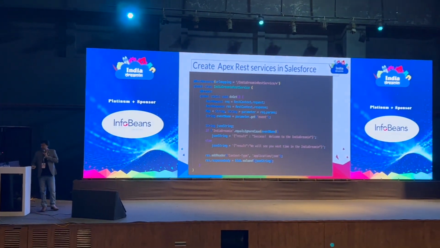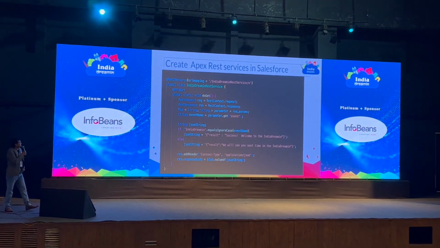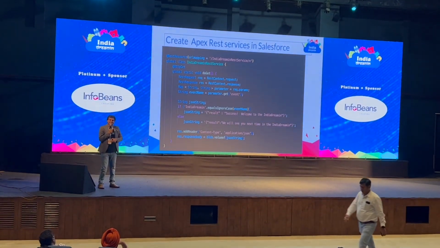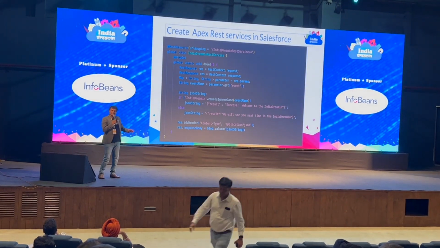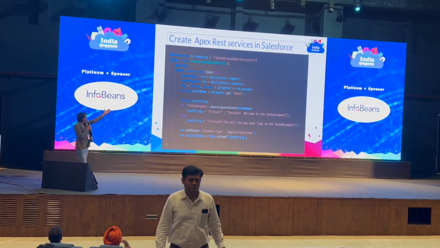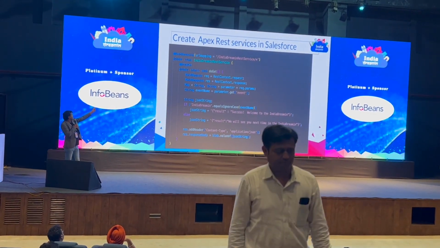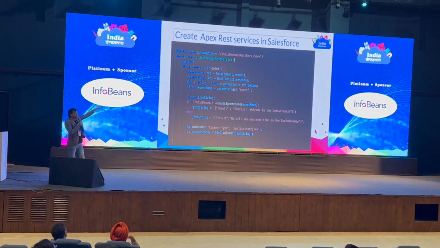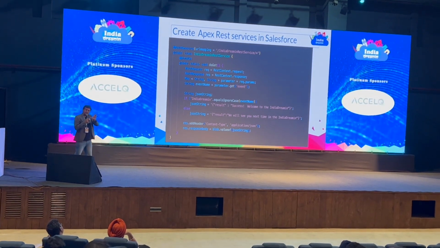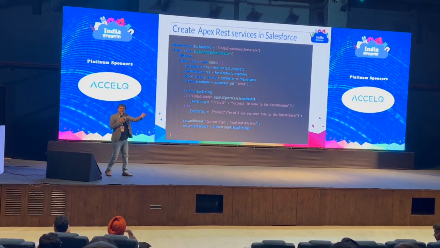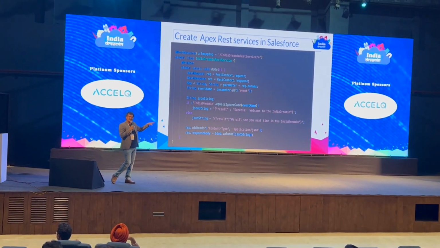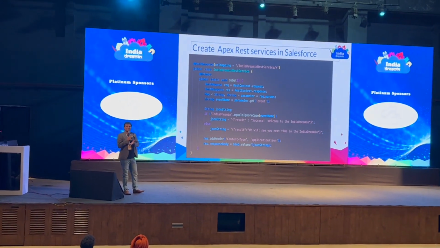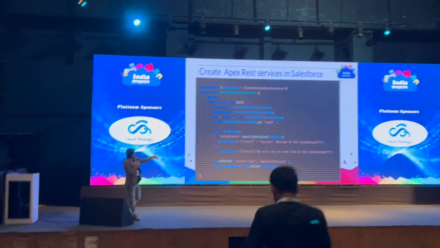And it's very easy, just follow the annotation @RestResource with urlMapping equal to, I have given IndiaDreamin REST service. This is unique for the org, and it's a very general Apex class, just a global class name, and we are telling this method @HttpGet, meaning when external developers call this API, this service, and pass the GET method, this method will execute.